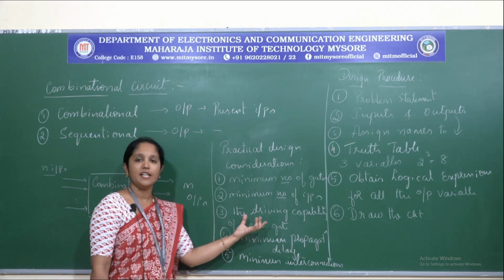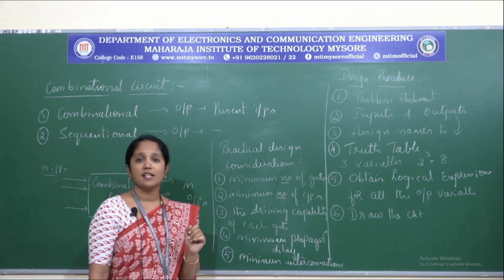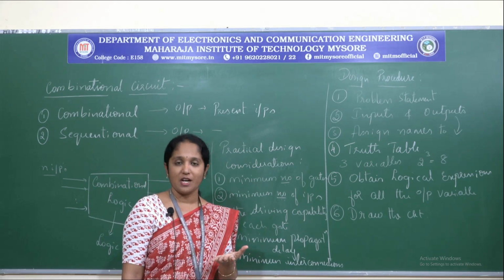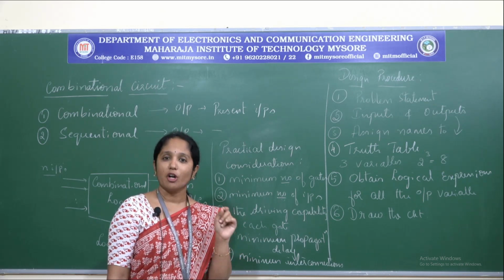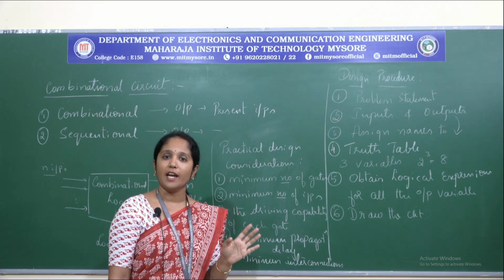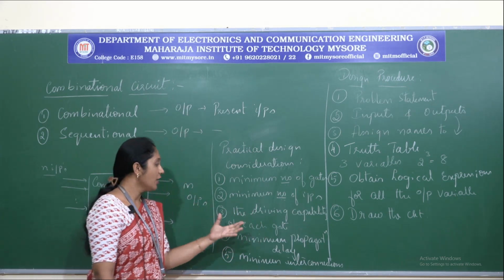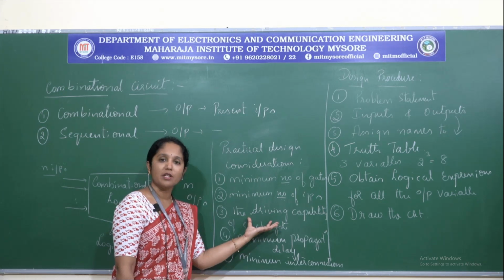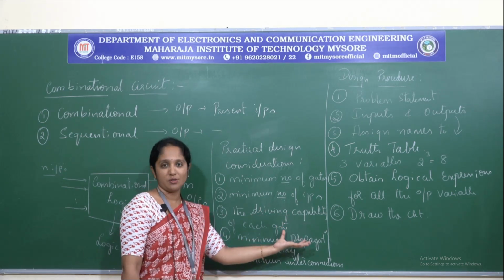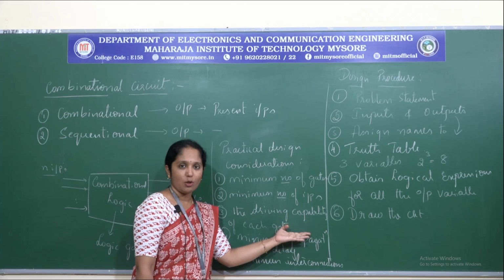Driving capability means the output current we are going to get from a gate. We should see that the number of gates we connect to the output of any gate is such that the output current we obtain from the gate is sufficient to drive those gates. We need to look into that also.